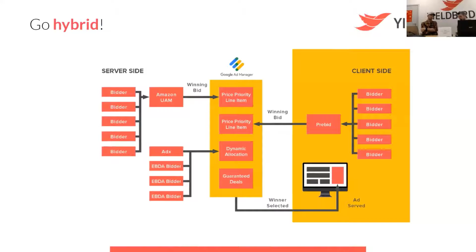But in general, the hybrid model, I think, is the best way to go for a publisher who still doesn't know which one is most optimal for him. Just test, change different setups, evaluate them in A/B tests, and verify which one is working best. And look not only at the revenue from header bidding, but also at the impact of header bidding on your business.